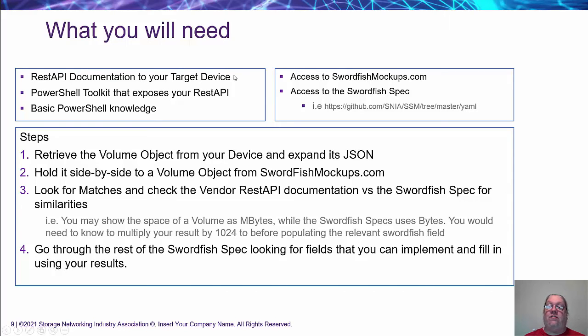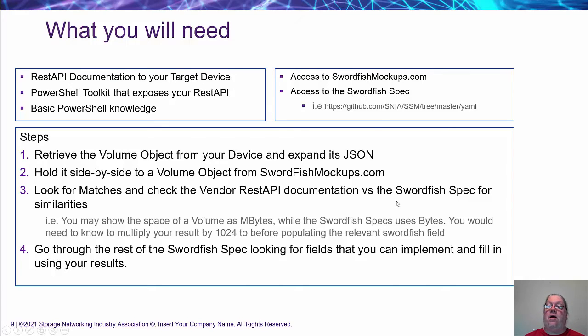You're going to need the PowerShell Toolkit you can download off GitHub right now, or some other tool that can expose that REST API directly, so you can see the raw JSON directly on your machine. A little bit of PowerShell knowledge. And then additionally, it doesn't hurt to have the Swordfish spec handy as well as Swordfish mockups.